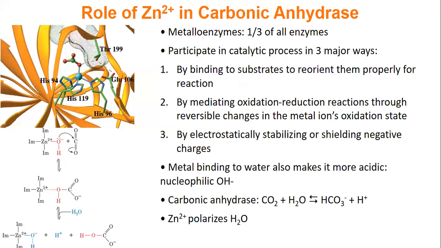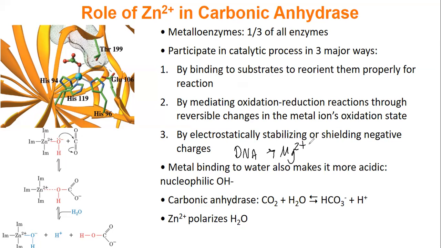For example, anything that works on DNA, it's almost 100% guaranteed that that enzyme is going to have magnesium in it, because DNA is incredibly negatively charged. To interact with that negative charge, enzymes usually have magnesium so they can bind them.